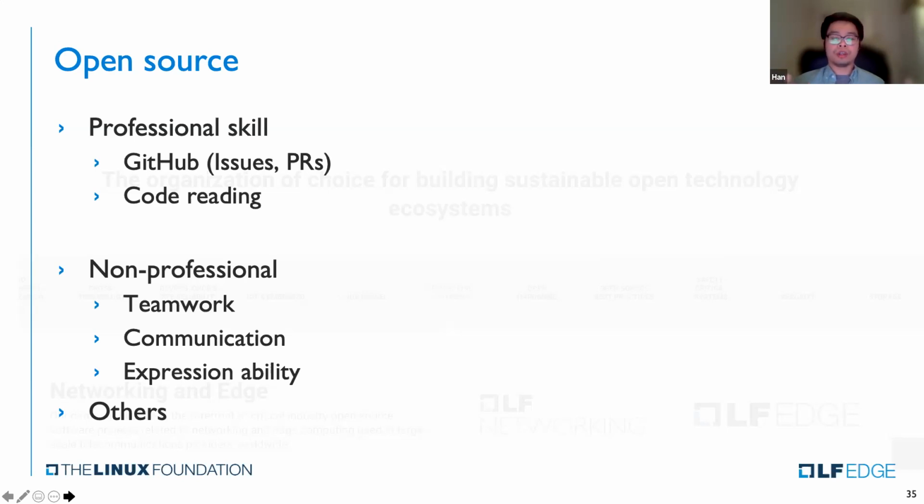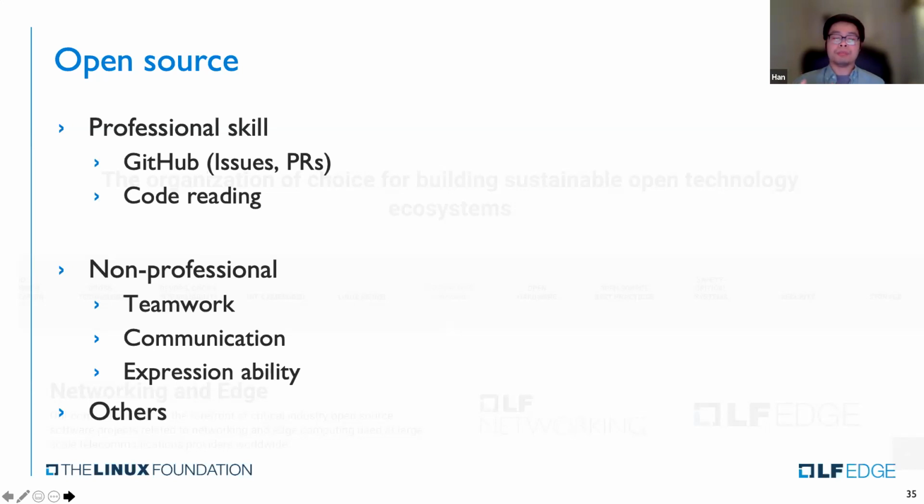But after working on the Open Horizon program, I realized that it's not only professional skill, practicing your coding skill, coding understanding, how to use GitHub, committing your PR. Besides that, it also requires a lot of non-professional skills. For example, how to cooperate with others, especially your mentor, and how to make each other understand the requirements and what the problem is is also very important. By this, I mean the communication skills.